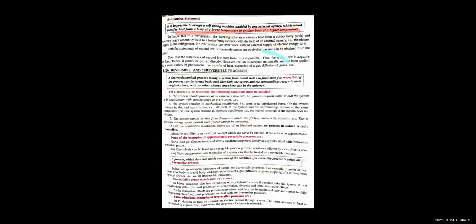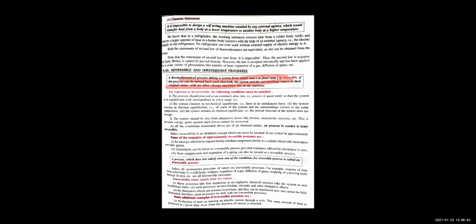Lastly, we are going to talk about reversible and irreversible processes. Children, reversible processes are the processes which take place in a system from its initial state to its final state, and in this process, the system and the surroundings can all return to their original state without any change anywhere in the universe.